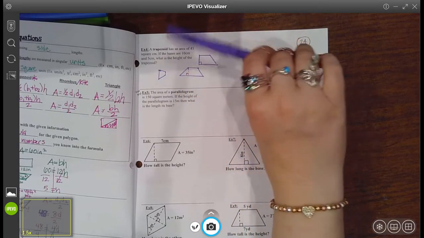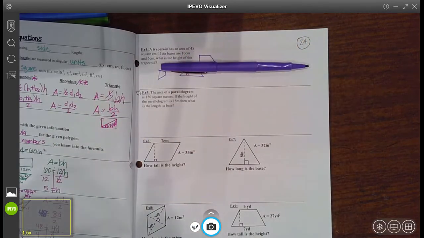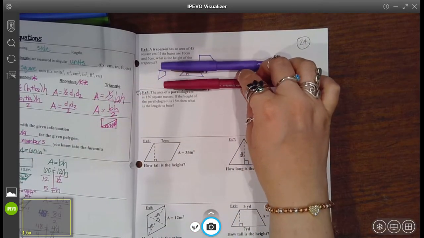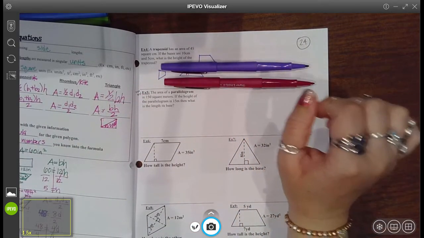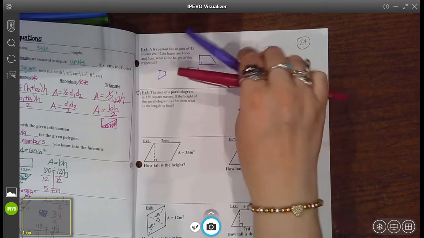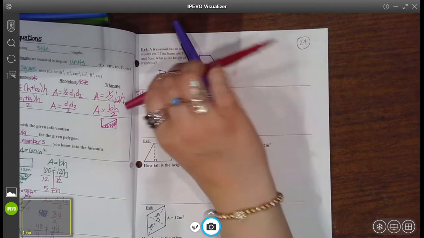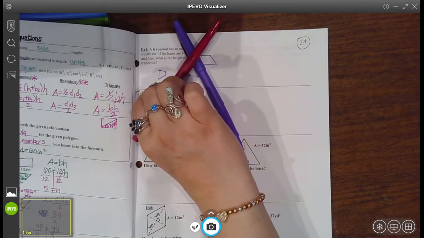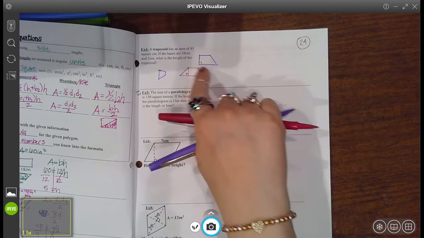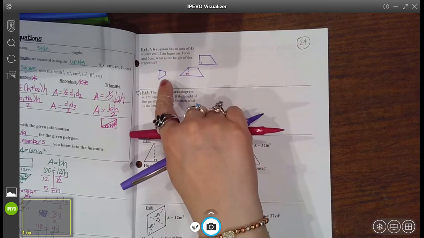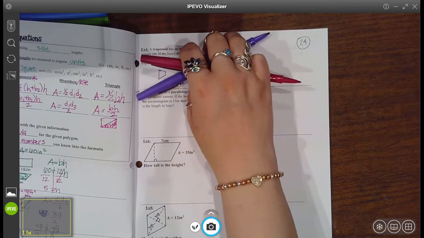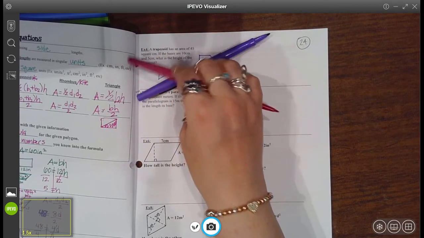No, your bases are always the parallel sides. So see how if I extend those lines, they would never intersect. And if I extend the sides here, those do intersect. So those are not your bases. This line and this line is your base. Here, this can't be a base because the opposite side intersects.